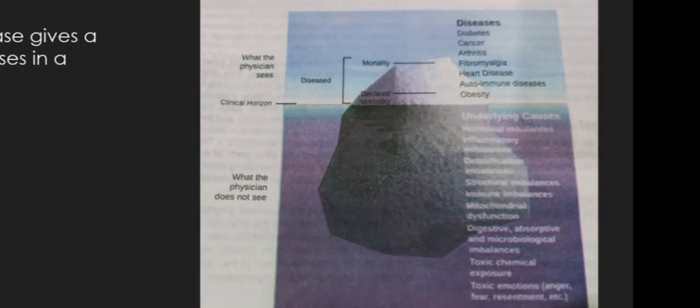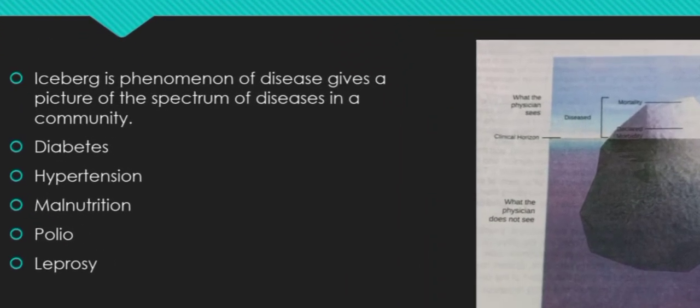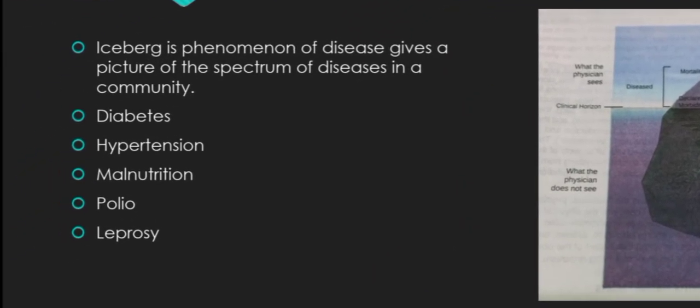The figure represents the cases and diseases that are discovered and those that are undiscovered. Following are some diseases that show the iceberg phenomenon: diabetes, hypertension, malnutrition, polio, and leprosy.